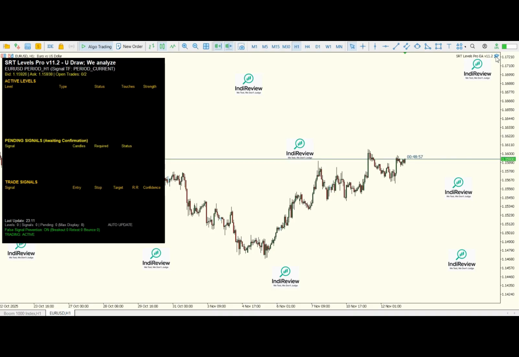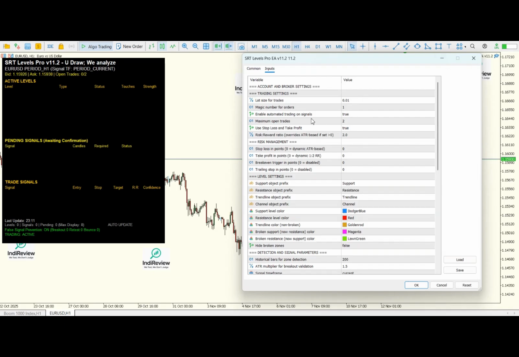You can just turn the automatic trading off and use it as an indicator, so it's kind of two in one. We have the indicator as a standalone, and we have the EA as a standalone. But the added advantage of the EA is that you can still use it as an indicator by turning off the automatic trading part of it.